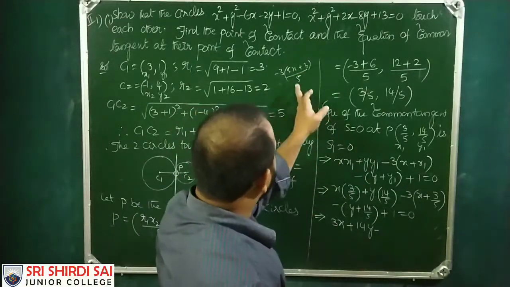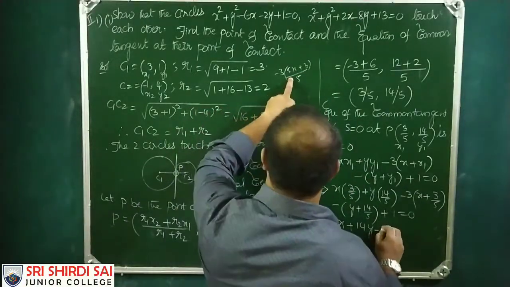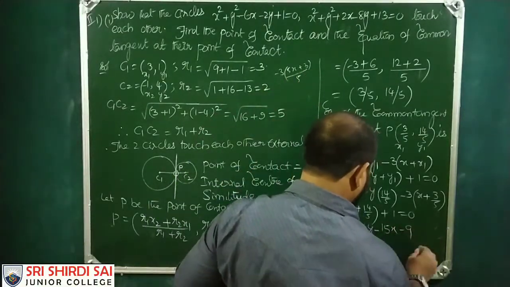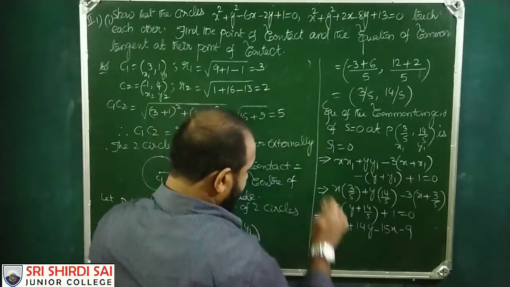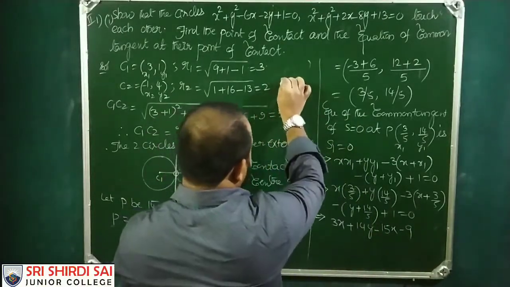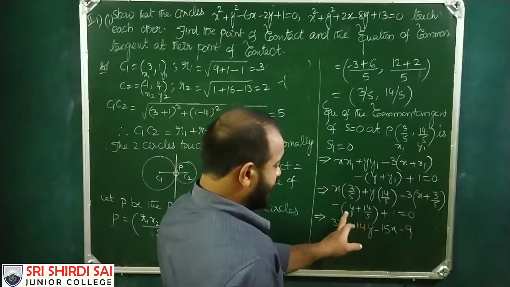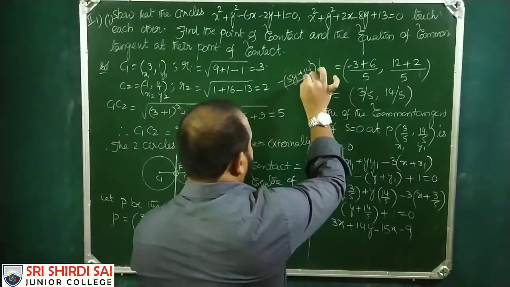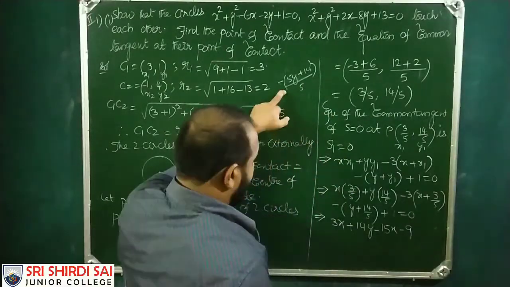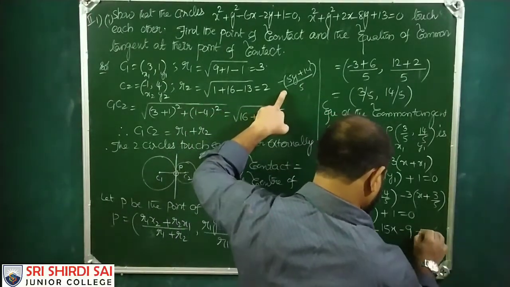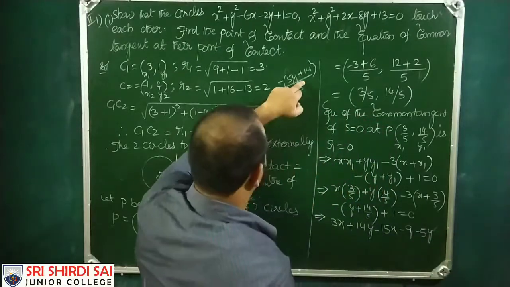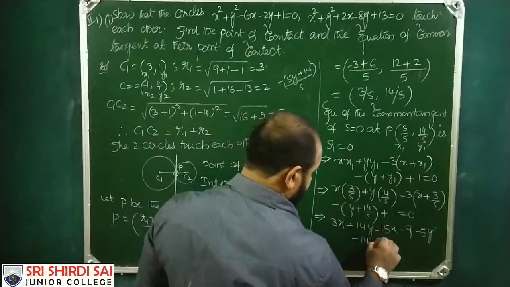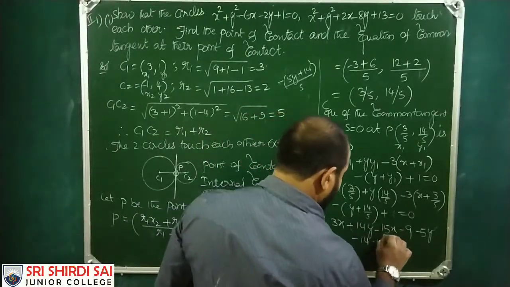So LCM 5 gets cancelled, minus 3 fives are minus 15x, minus 3 threes are minus 9, and this is minus of (5y plus 14) by 5, since the LCM is 5, so minus 5y minus 14, plus 5 ones are 5 equals 0.